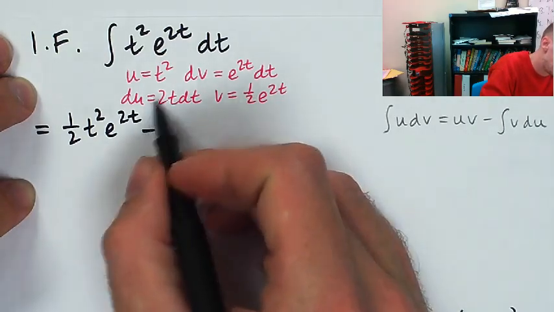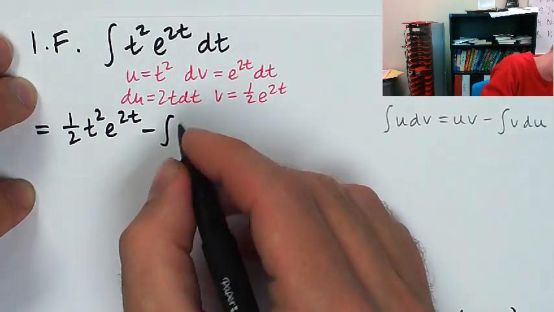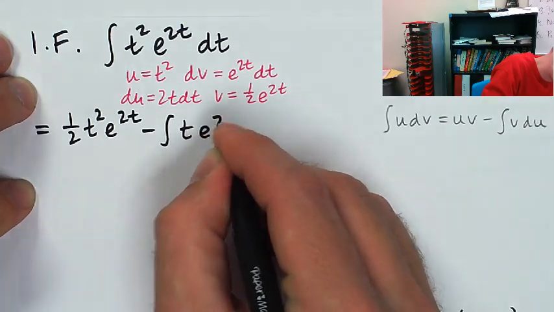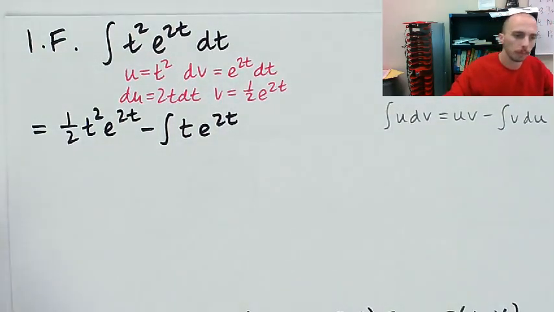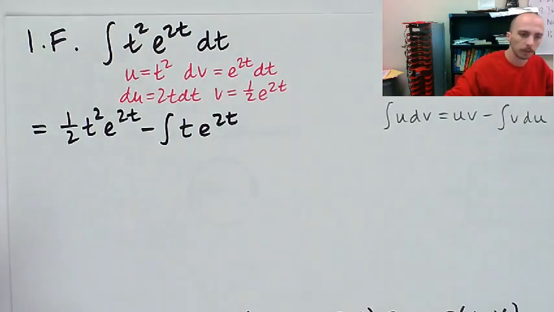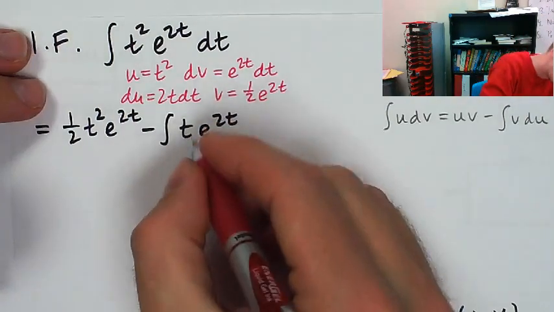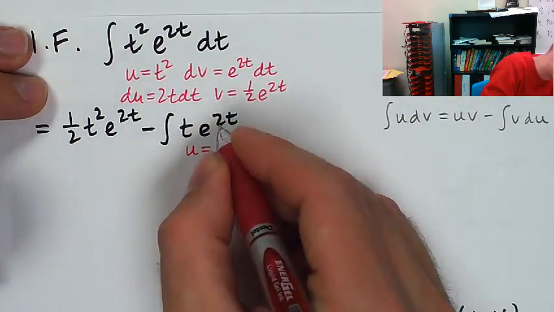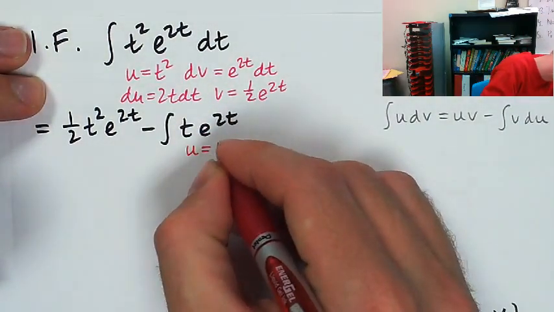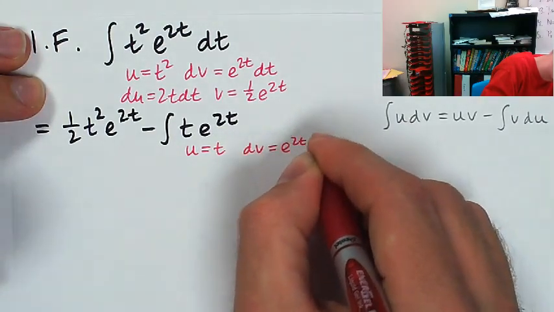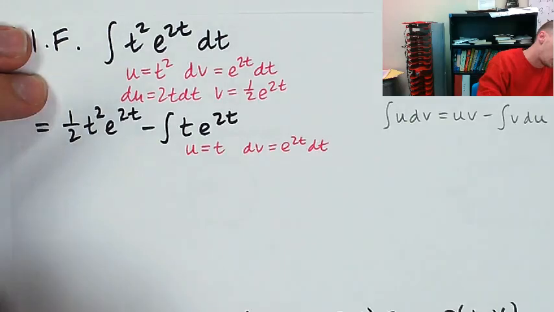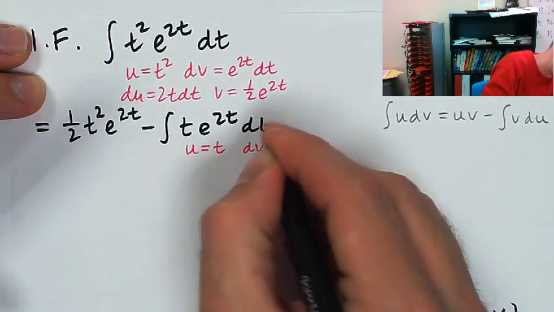Well, 1/2 and 2 multiply together to make 1, so t e to the 2t. This is going to require integration by parts also. So we can make that happen by letting, late algebra before exponential, u equal t, and dv is e to the 2t dt. I didn't write it down there, but I definitely meant to put in the dt.